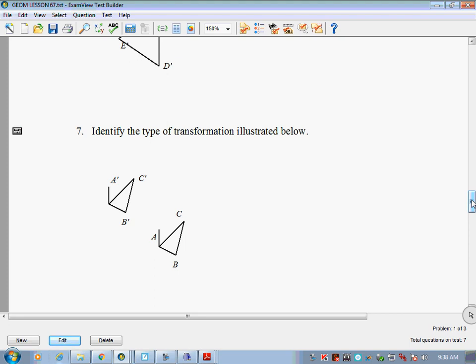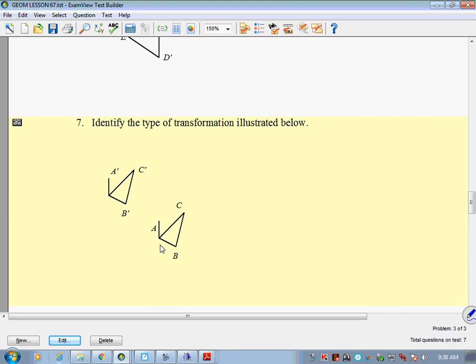So how am I getting A to A prime? What's that? I'm going to the left. Okay? So I'm going there, right? And then what? Up. So I'm going left and up.